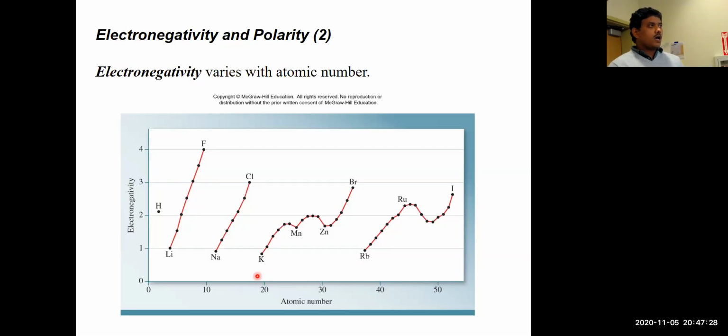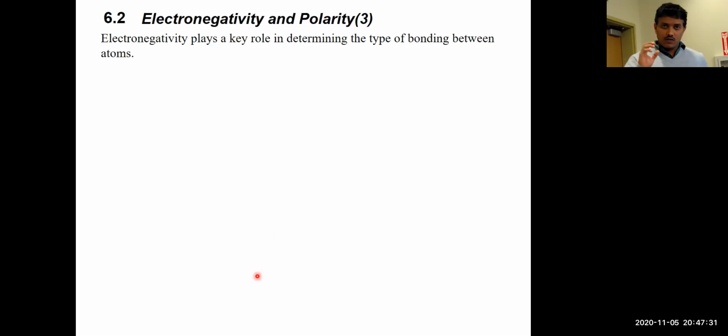Okay, so now that we know what electronegativity values are, we are going to use them to define bonding. Our goal in this chapter is to learn about chemical bonding. These are basic concepts that we are going to learn in this chapter and apply in the next chapter.